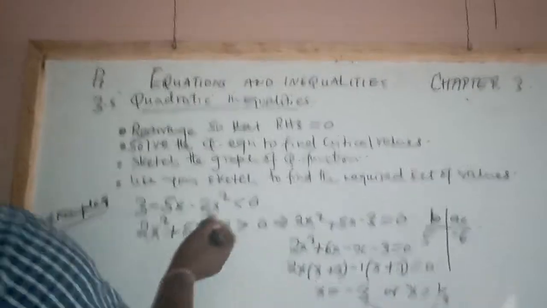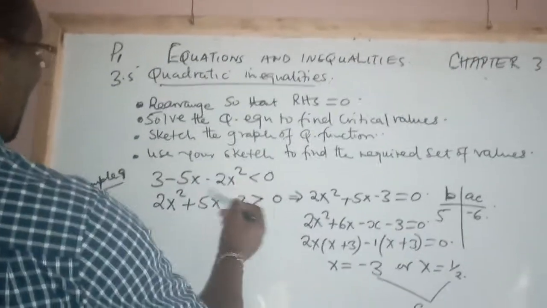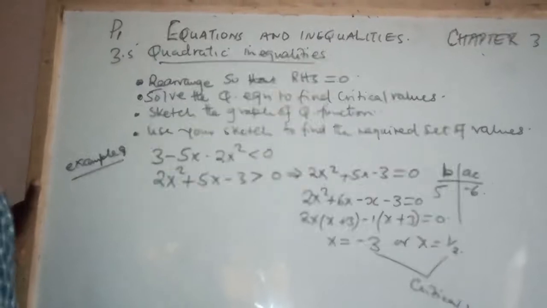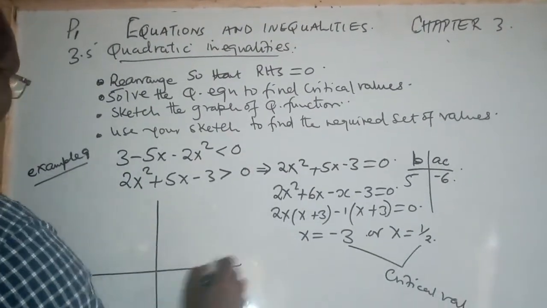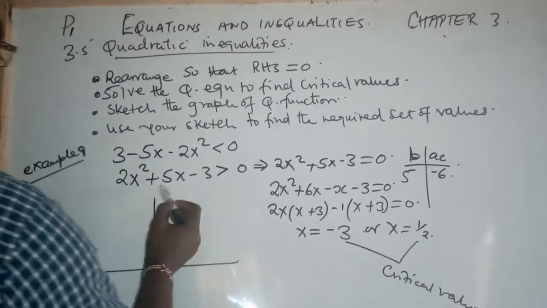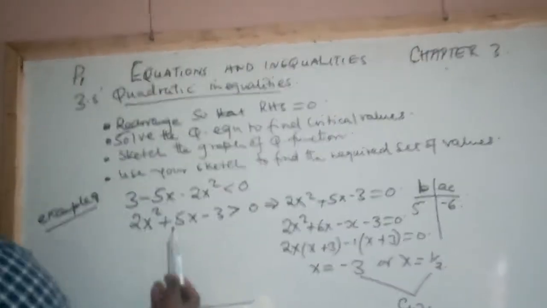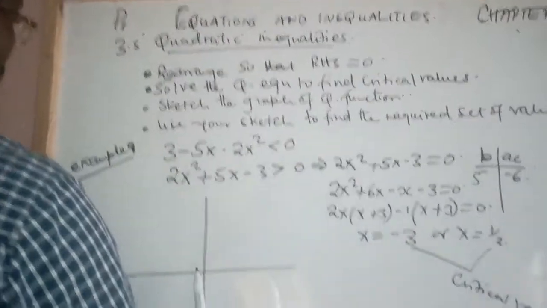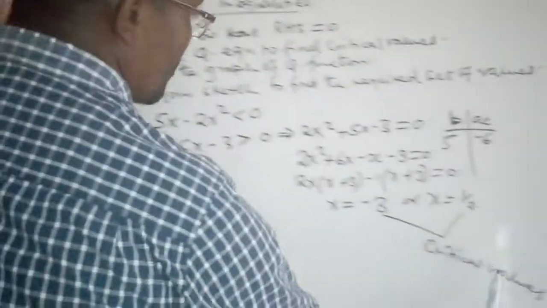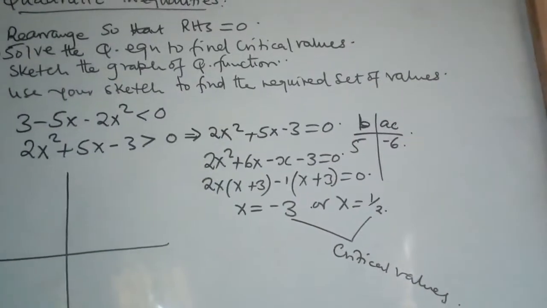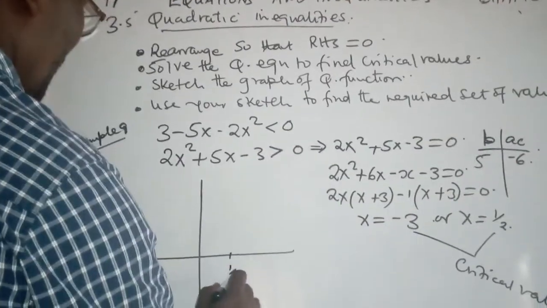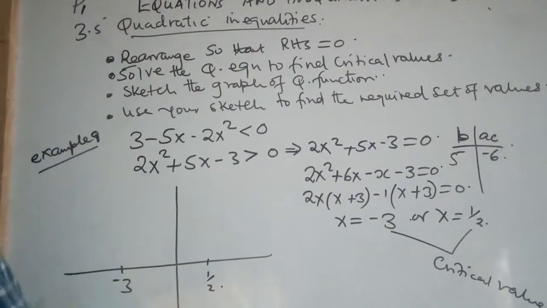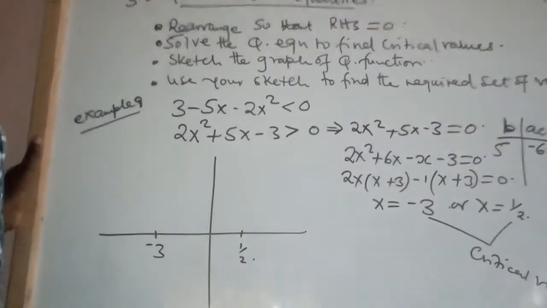Since the value of a is supposed to be negative, we have already changed it to positive. You may either want to use this one or this one, but because we have solved using the positive value, then the critical values of x are minus 3 and a half.